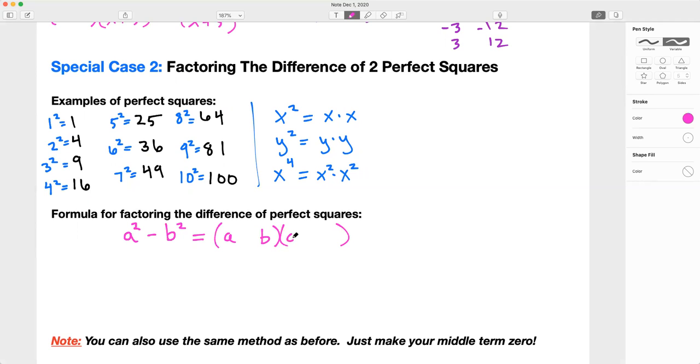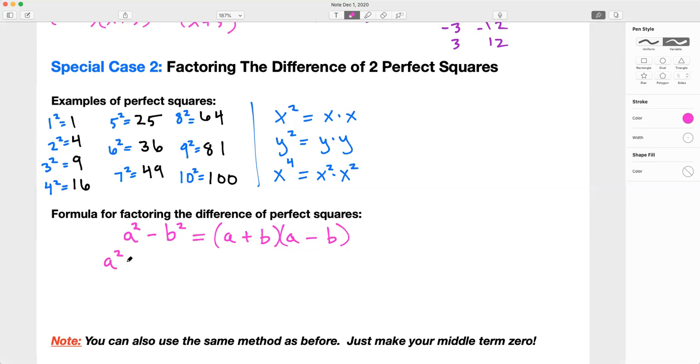You have an a there and a b there, a there and a b there, okay? That's where the a squared comes from, then you have the b squared. It goes plus minus, or minus plus. One of them's positive, one of them's negative. That's how this factors.